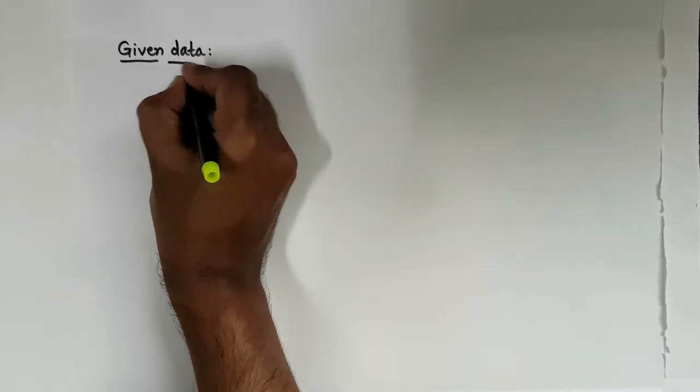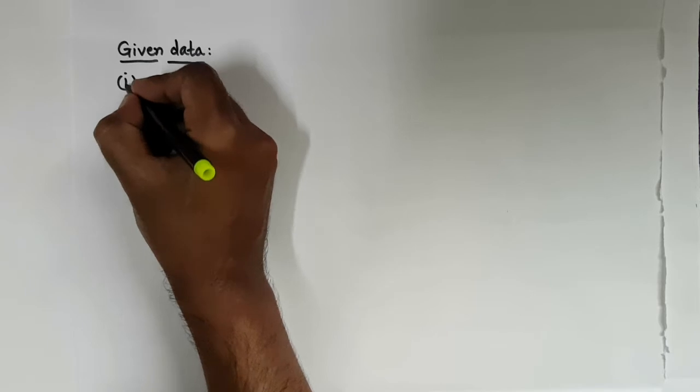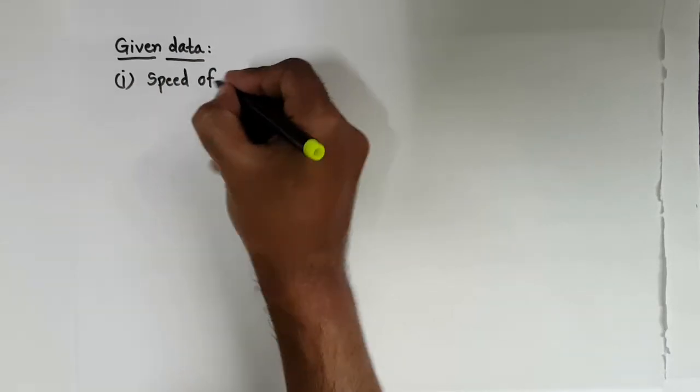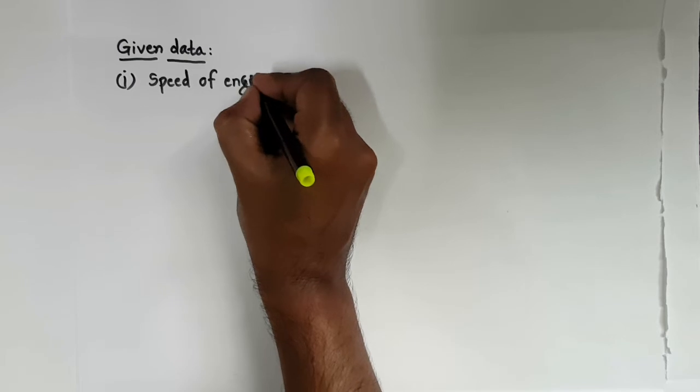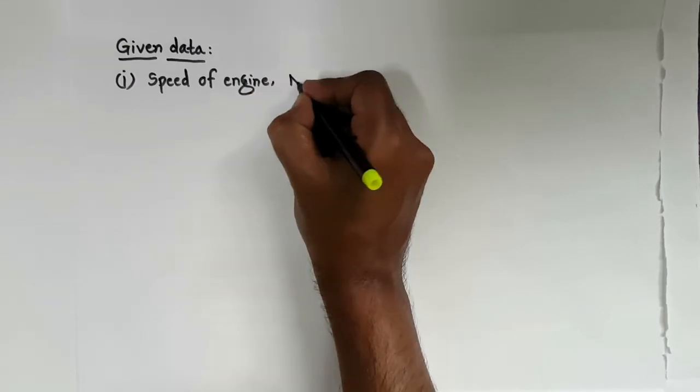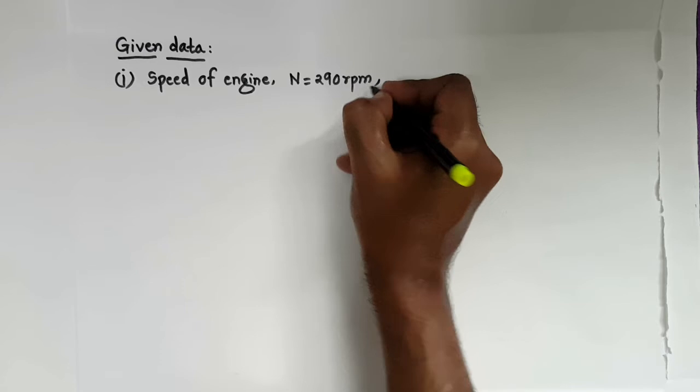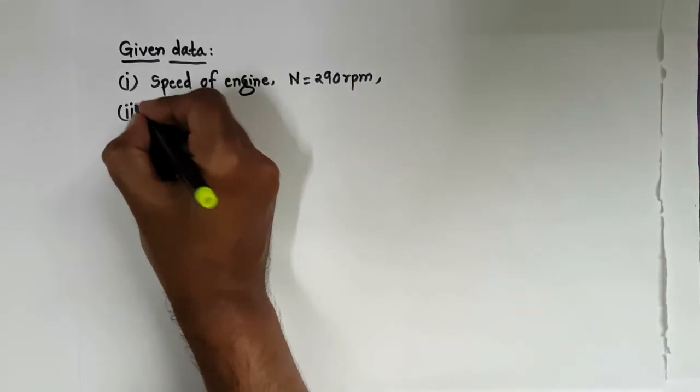The first thing given, speed of engine, which is equal to 290 rpm. Then second one is mass of fuel.